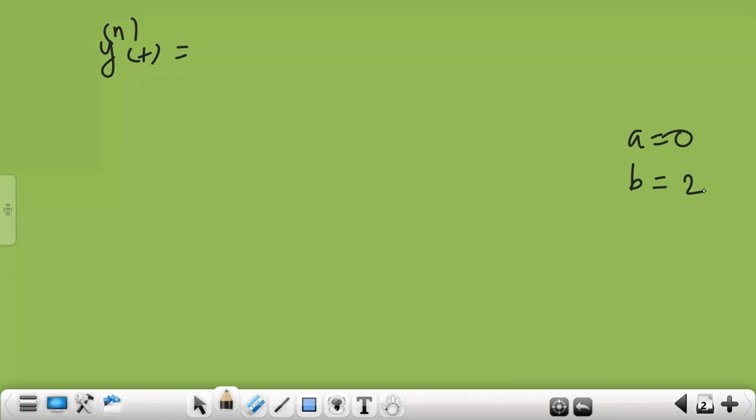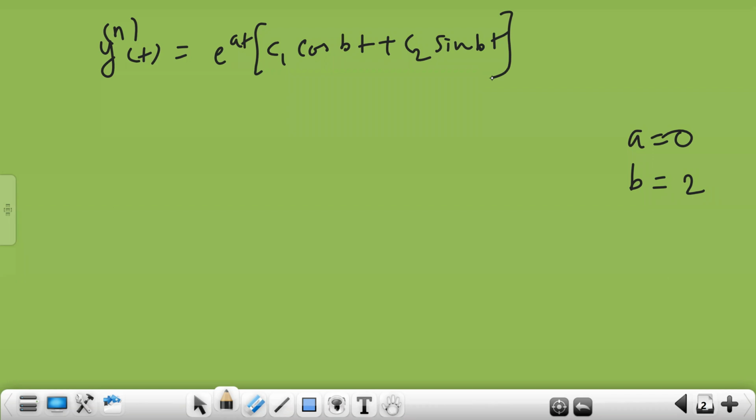What is the general formula? e raised to alpha t into C1 cos bt plus C2 sin bt. This is the general solution of the natural response for which case? Complex roots. Here we have complex roots where the real part is 0. How did you get the real part as 0? Because there is no real part over here. As you can see, the real part is 0 and the imaginary part is 2.